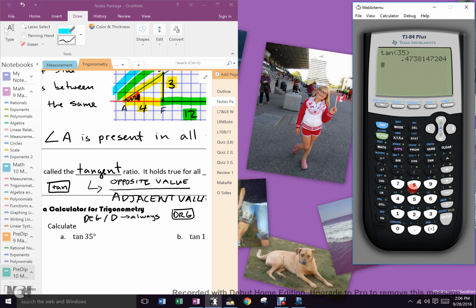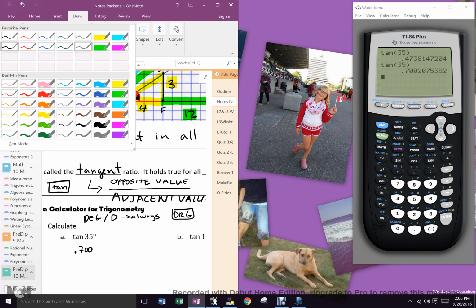Now, when I go tan 35 equals, all of you should have gotten 0.700. Now, some of you have a calculator that doesn't print it this way. You have to reverse the order.